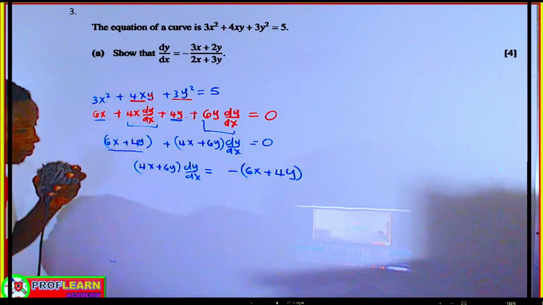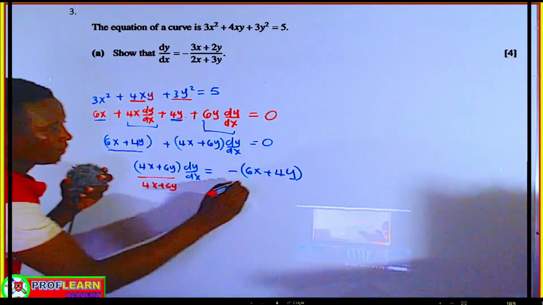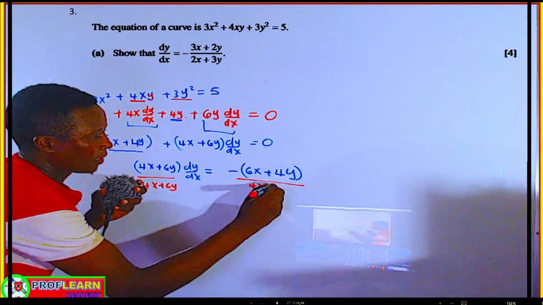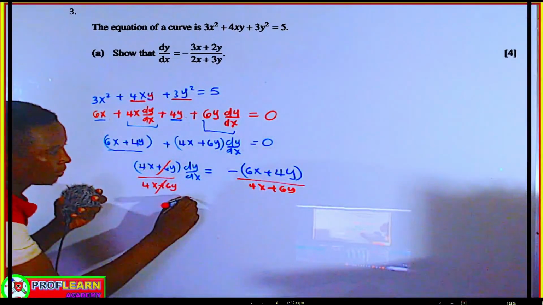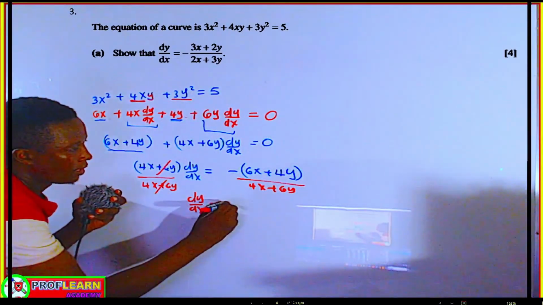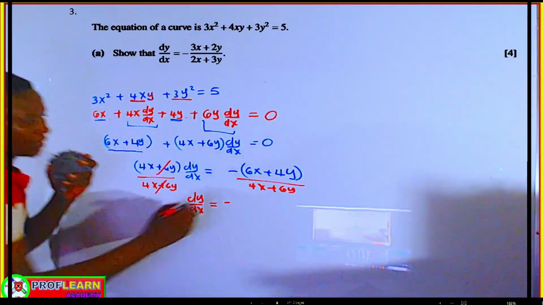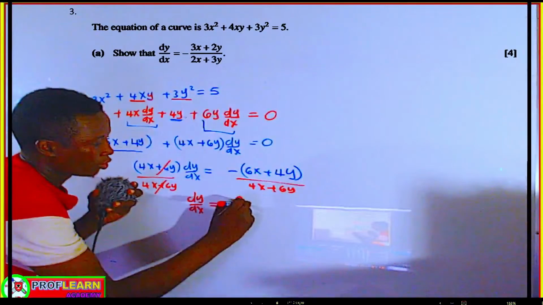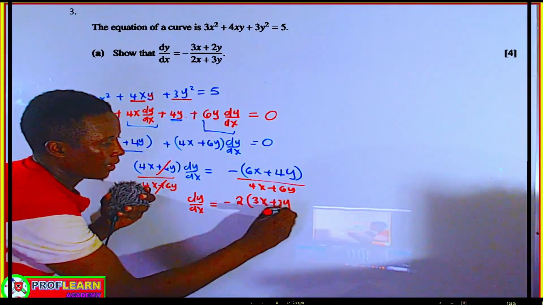And then the next thing we can do is to divide by 4x plus 6y on both sides, so that this cancels, and we end up having dy/dx equal to negative what? We need to factor out what is common here, which is 2, and then we shall remain with 3x plus 2y.